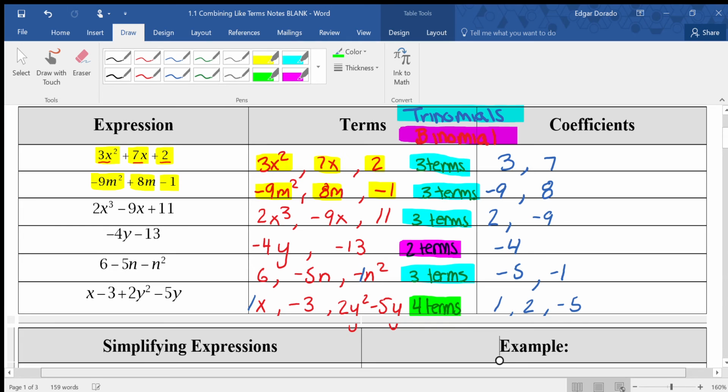This last one here with 4 terms is what we can call a polynomial. Okay, again, this is a polynomial. Anything with 4 terms or more is considered a polynomial.